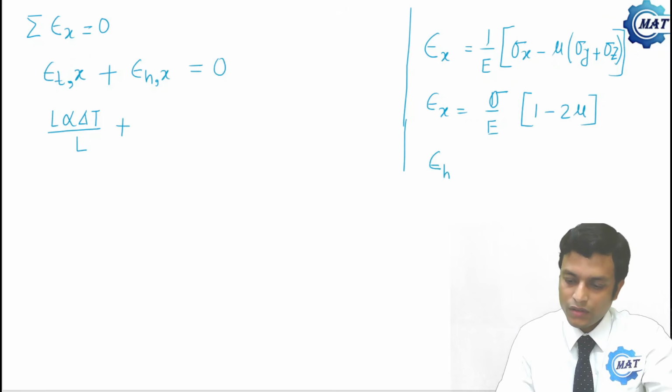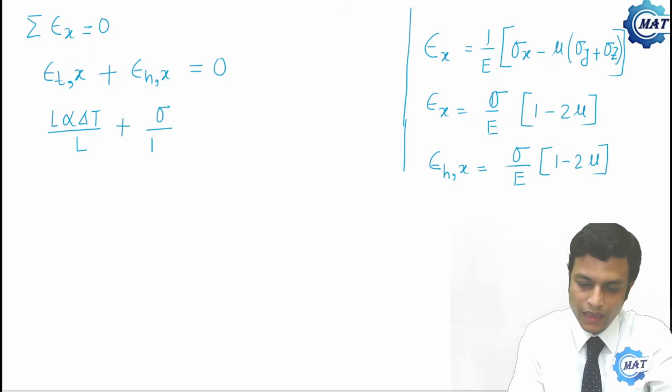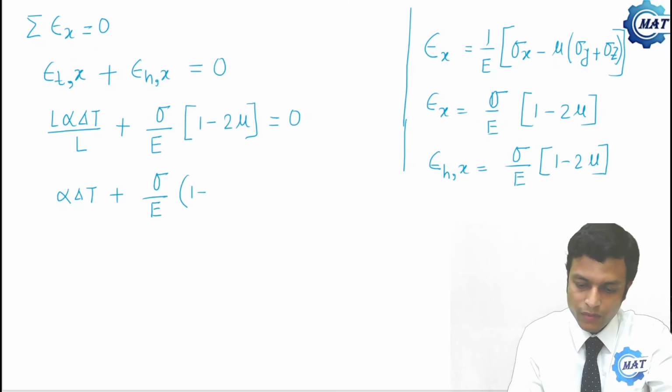So we can write the hydrostatic strain along x direction as sigma by E into 1 minus 2 mu. The sum is 0. So here alpha delta T plus sigma by E into 1 minus 2 mu is 0.